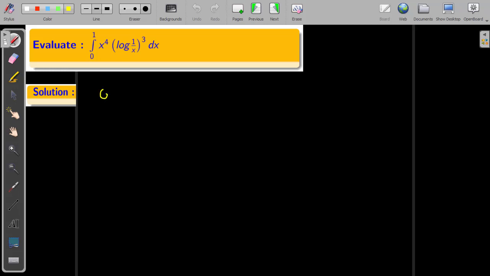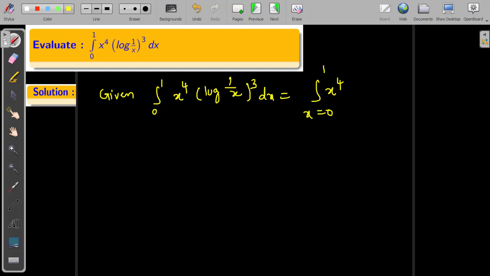Okay, let's start. The given definite integral is from 0 to 1 of x to the power of 4 times log of 1 by x, whole power 3, dx. This could be rewritten as the integral from x equals 0 to 1 of x to the power of 4 times log 1 by x to the base e, power 3, dx. Let's call this equation number 1.